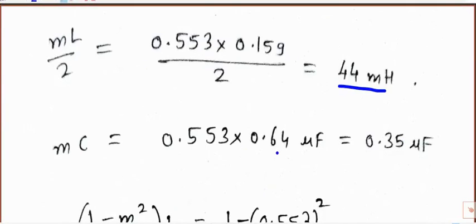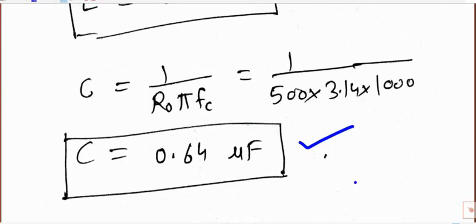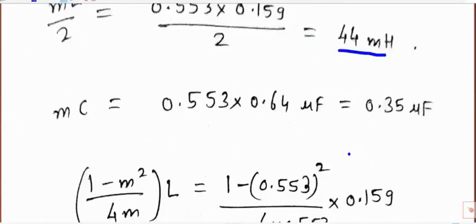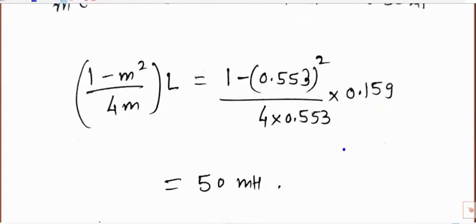Again, you should pause the video and you should calculate (1 minus m square) divided by 4m into L. Calculate the value. Okay. So now its value comes out as 50 millihenry.